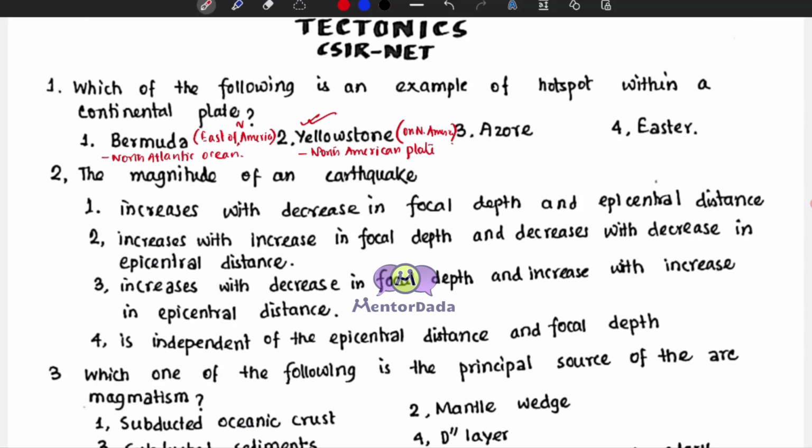Azores, what is it? The Azores is situated exactly on the triple junction between the Arabian plate, African plate, and Somali plate.